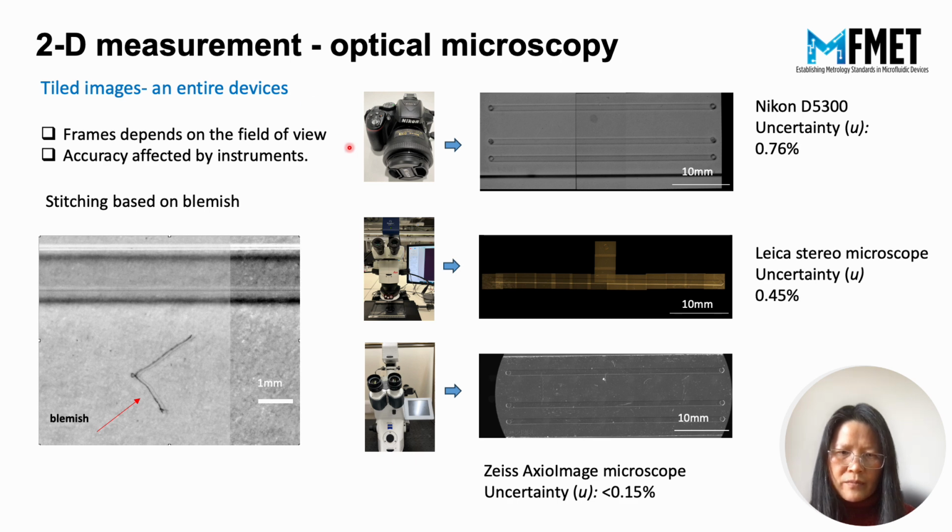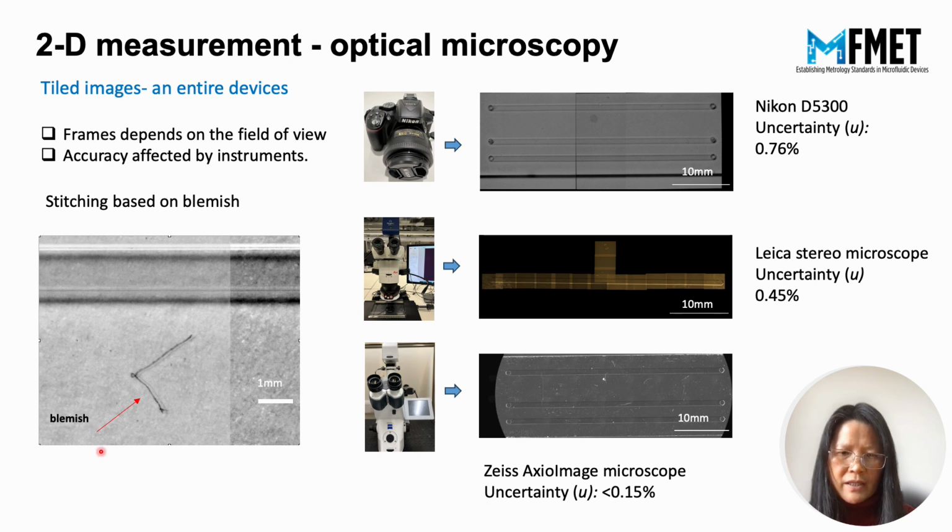The first instrument is a Nikon D5300 digital camera, known for its large field of view. It requires only 2 frames to cover a 40 mm long channel. To stitch frames, images must be taken with overlapped areas.